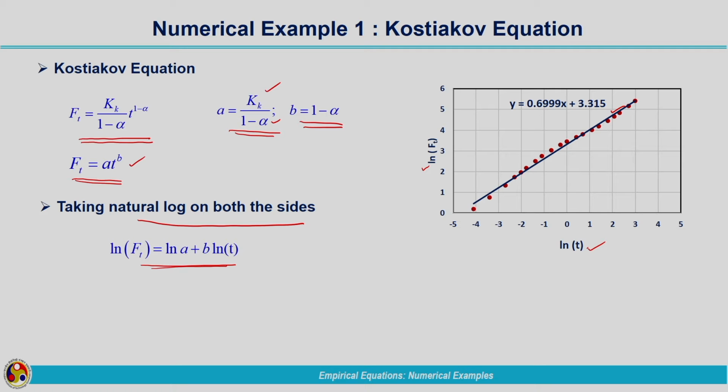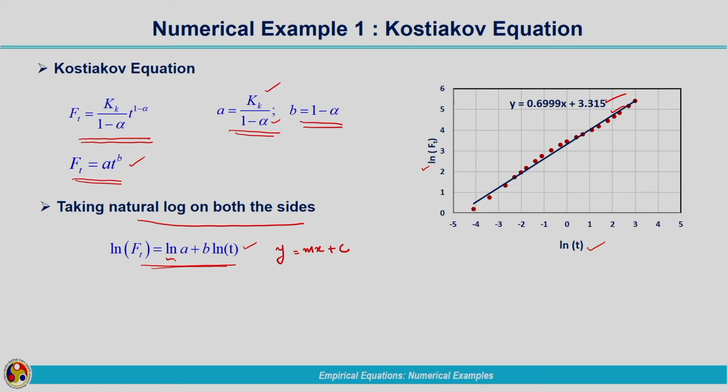The best fitted straight line is plotted and its equation is given here: y is equal to 0.699 x plus 3.315. This equation will be compared with the earlier equation. If you look at this equation, it is in the form of y is equal to mx plus c.